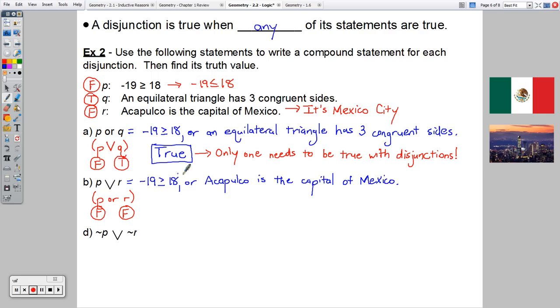So that's not true, and neither is this. So if neither one of them is true, that means the whole statement is false. And I'll write in my different color here, none are true, so the disjunction is false.